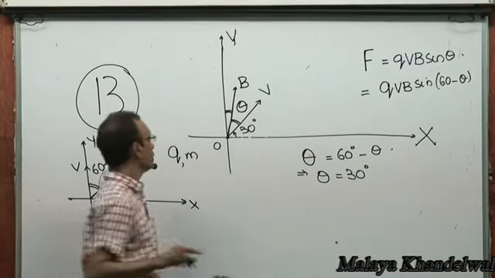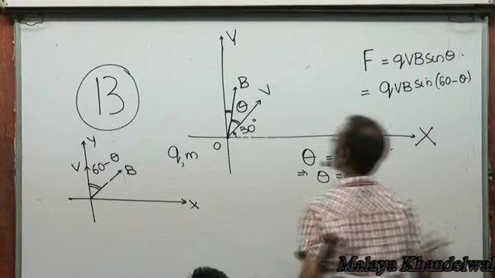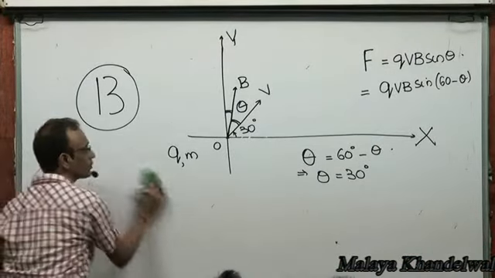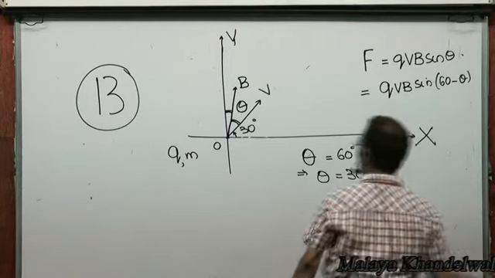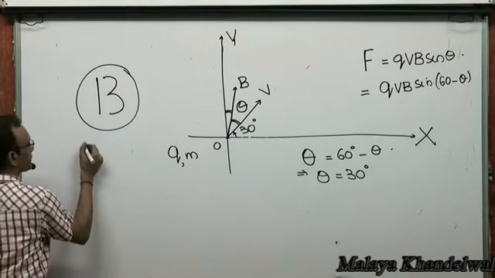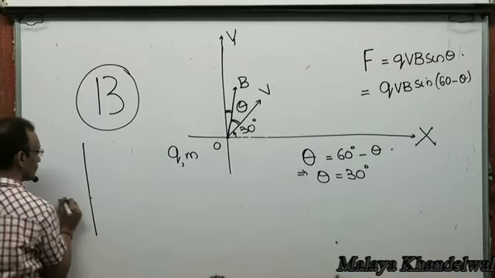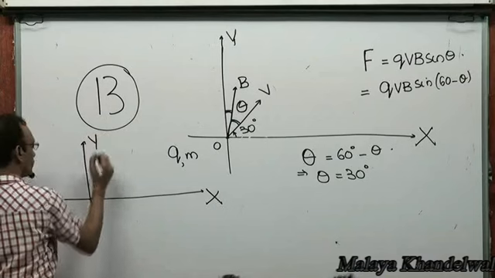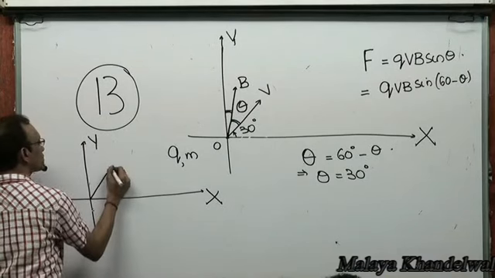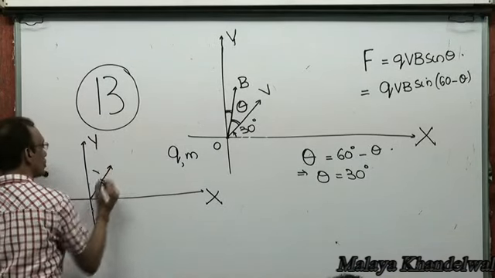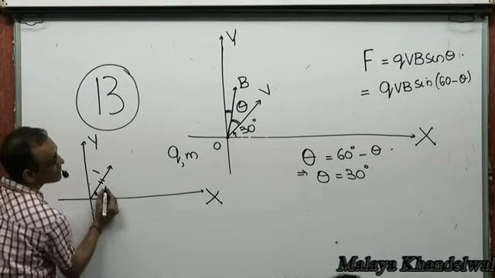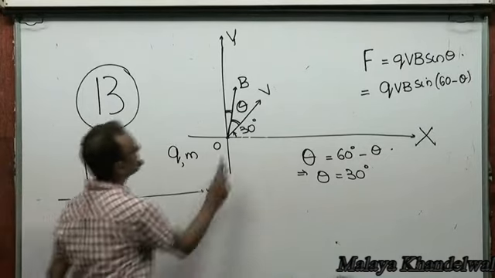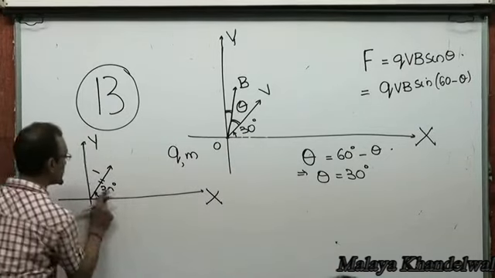Right? Now, I have to find a unit vector along B. That will give me the direction of B. This is the B direction. Let's say one unit vector along B direction, and this theta is 30 degrees, so this will be 60 degrees.